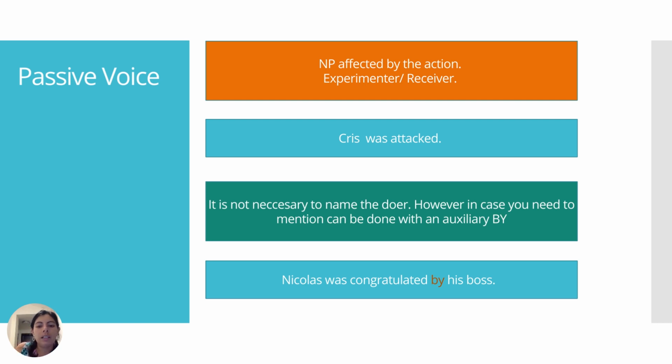We can leave the sentence only as Nicholas was congratulated and it's going to be understood. Maybe if we are in the office or something like that, we will understand the context. But if we want to be more specific, we can say Nicholas was congratulated by his boss. The most important thing here is to understand who receives the action.